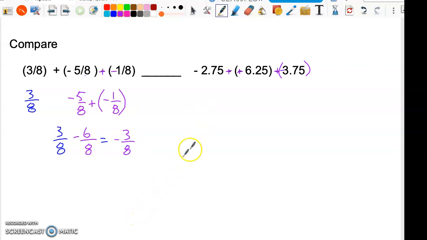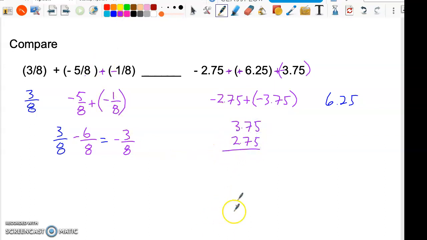Over here, combining, it looks like I have one positive number, 6.25, and then I have two negative numbers, -2.75 and -3.75. So I'm going to combine 3.75 and 2.75. Add them together, and my answer is going to be negative because both of those are negative.